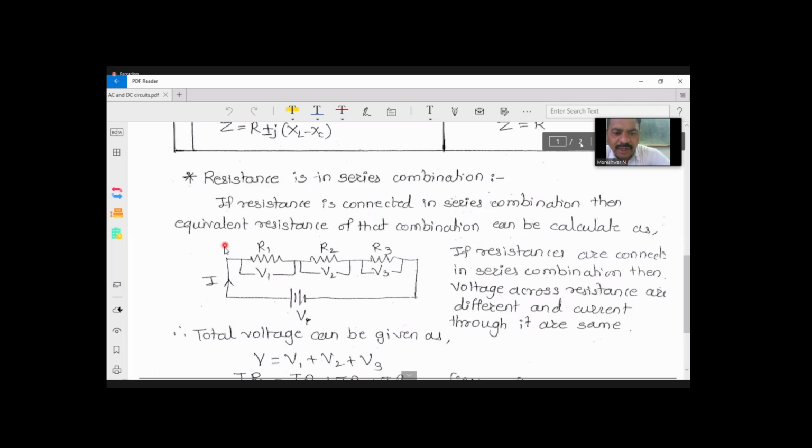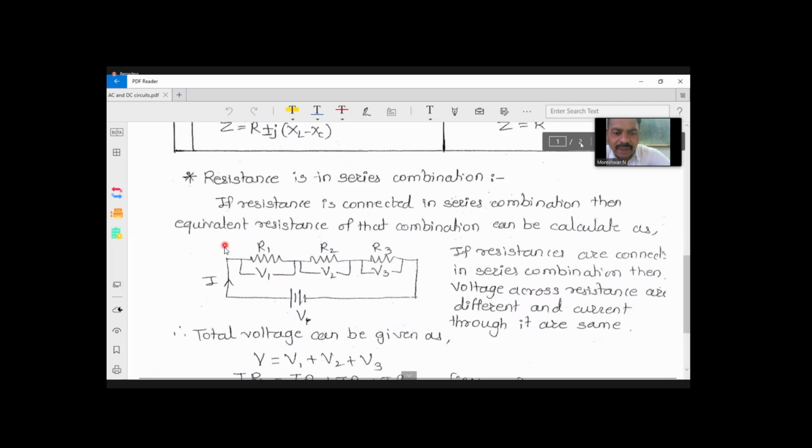The very first thing you have to understand is the difference between series resistance and parallel resistance. If you take any resistor, it has only two terminals. In some cases you may find three terminals also, but that is not a fixed resistor.